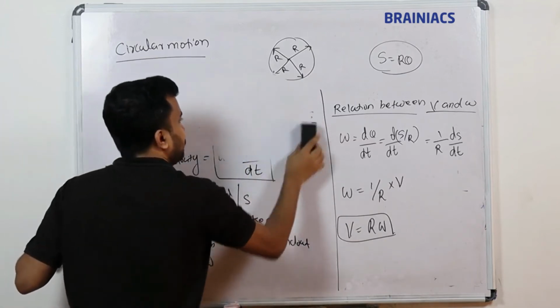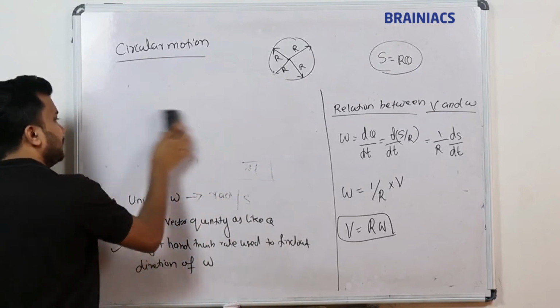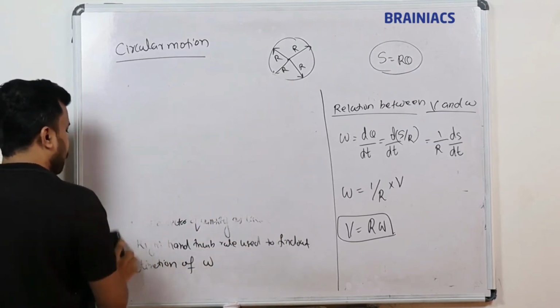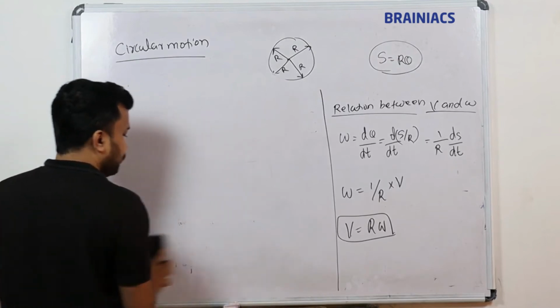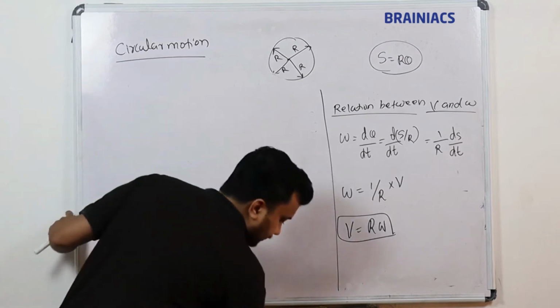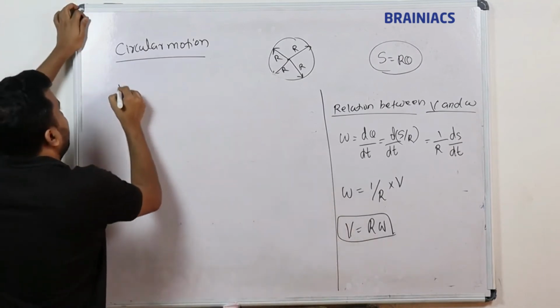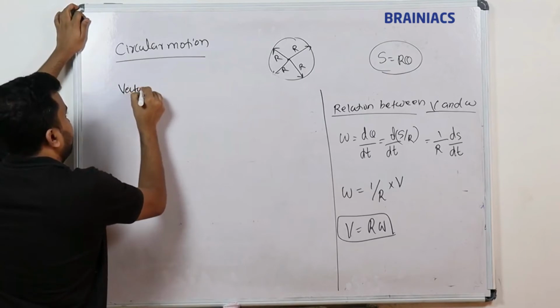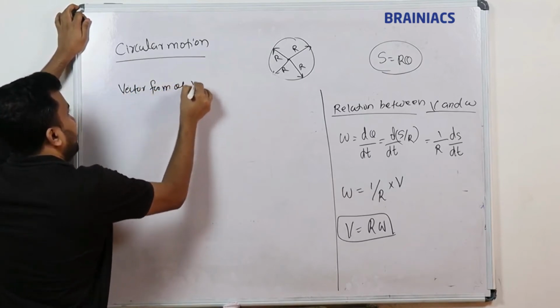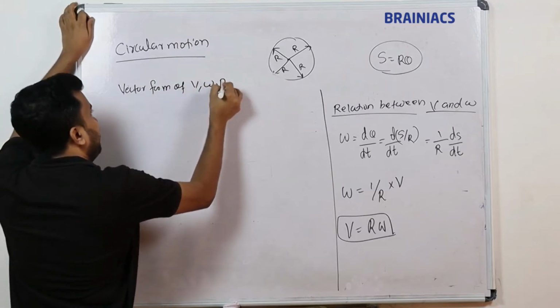We know velocity is a vector quantity, the rate of change of displacement. Omega is a vector quantity; the right hand thumb rule is used to find its direction. Now we will see the relation in vector form. Vector form of v, omega and r.